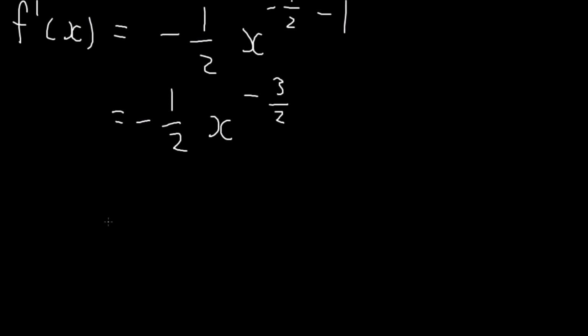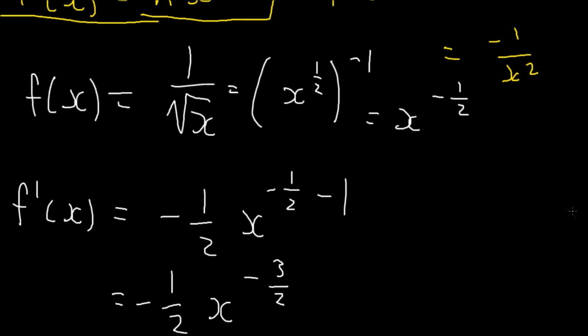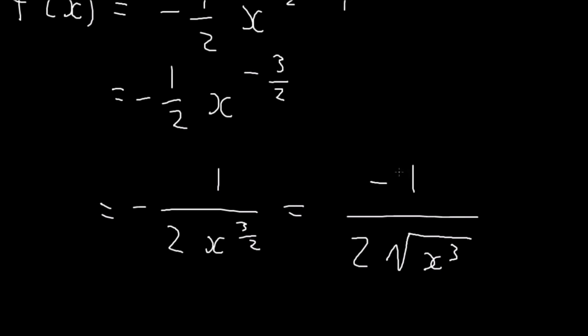Now, when we apply this reciprocal right here, minus 1 over, let's center that, 1 over 2 x to the 3/2, and then the half is going to come out as a square root. We'll have this as our derivative. So the derivative of 1 over square root of x equals minus 1 over 2 square root of x cubed.